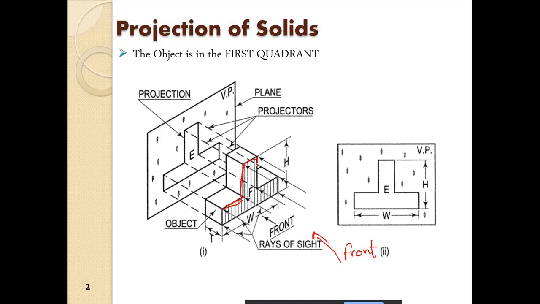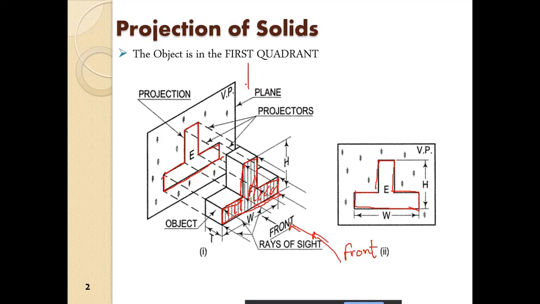So this is the surface that we will see when we look from the front in this direction. We will see this surface being projected on this vertical plane. So that is the front view projection, and that is what we have drawn here.